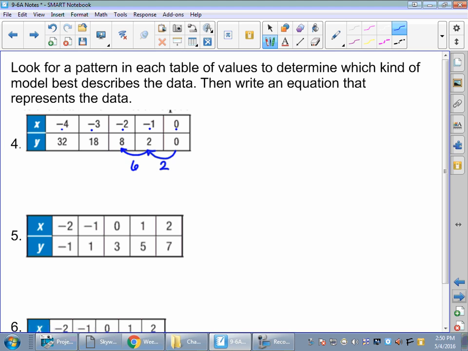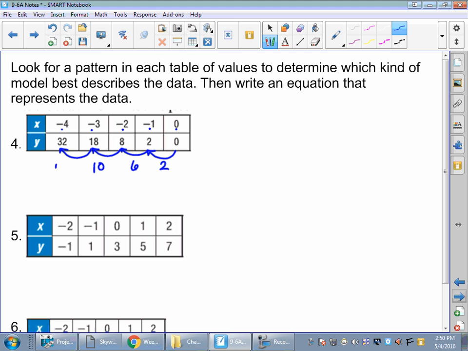And so that right there tells me it's not linear. But I'm going to keep going because I'm going to do it again and subtract these numbers. So I need all my numbers. Now I'm going to subtract 8 from 18, and I get 10. And I'm going to subtract 18 from 32, and that gives me... I can't do my math right now in my head. 32 take away 18 is 14.